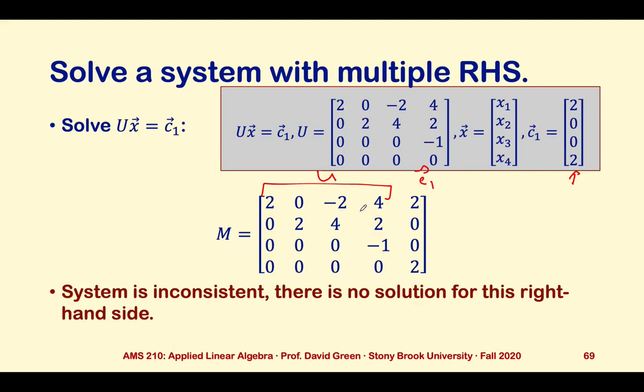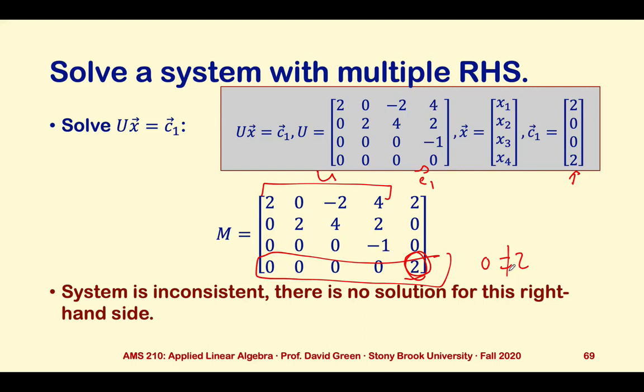That means as soon as we have found our C, we are ready to apply the checkpoint at the end of forward elimination. We have a row that is all zeros in the coefficient block, but a non-zero entry in the right-hand side block. This corresponds to an equation of 0 equals 2, which obviously isn't true. The system is inconsistent. There is no solution for this right-hand side.